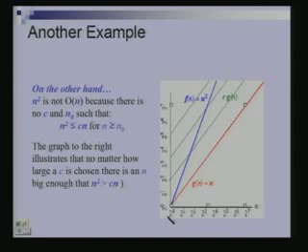But your n squared would be a line like this. So there is no constant c such that n squared is less than c n. Can you find a constant c such that n squared is less than c n for n more than n naught? No. Any constant that you choose, I can pick a larger n such that this is violated. And so it is not the case that n squared is big O of n.